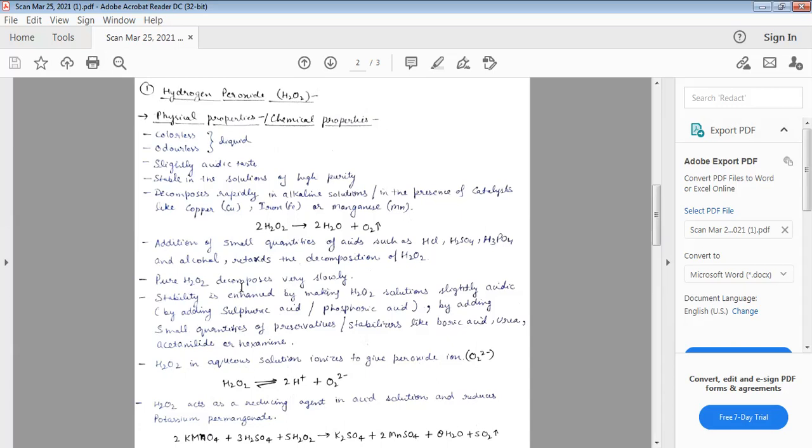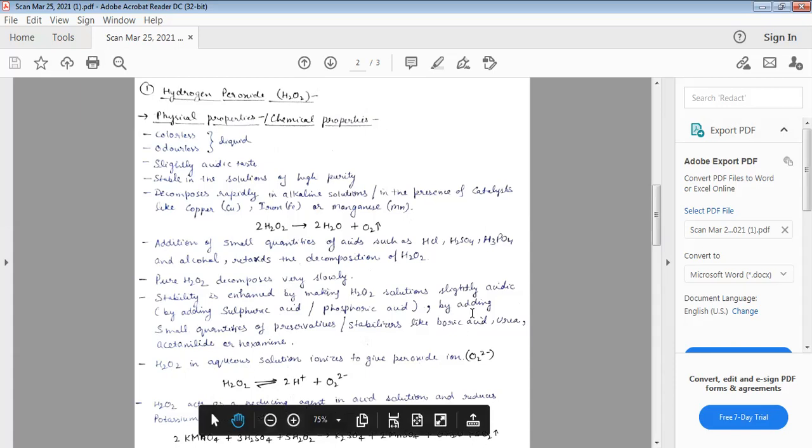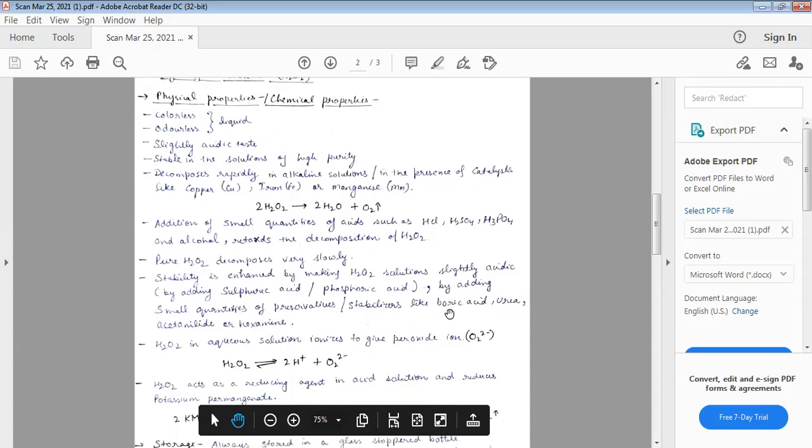Pure hydrogen peroxide decomposes very slowly. Hydrogen peroxide is quite stable, but its stability is enhanced by making it slightly acidic. The solutions can be made slightly acidic by adding sulfuric acid or phosphoric acid. The stability can also be enhanced by adding small quantities of preservatives or stabilizers like boric acid, urea, acetanilide, or hexamine.